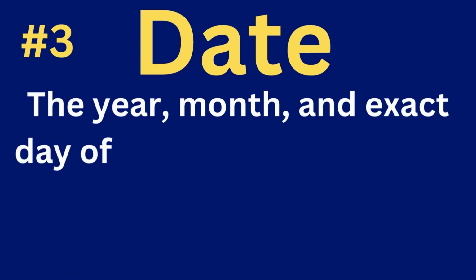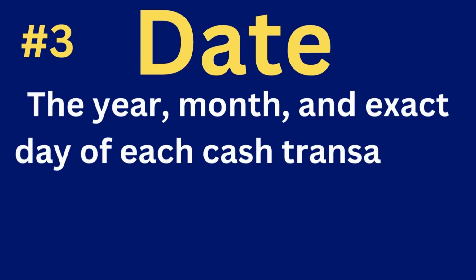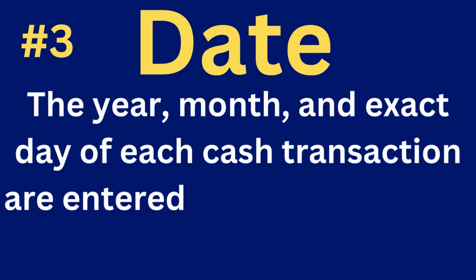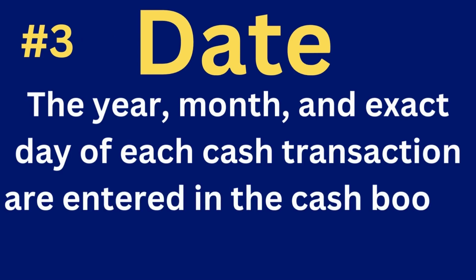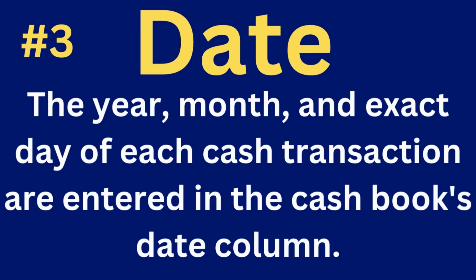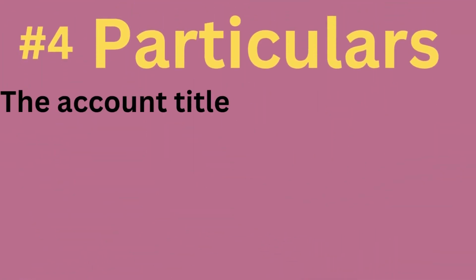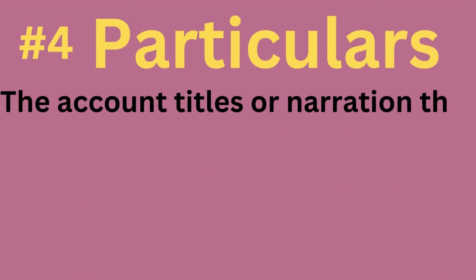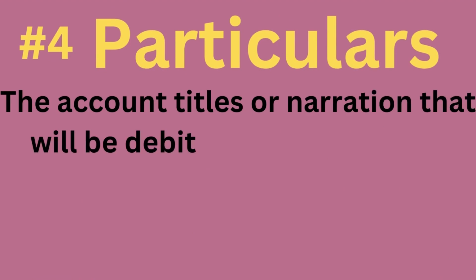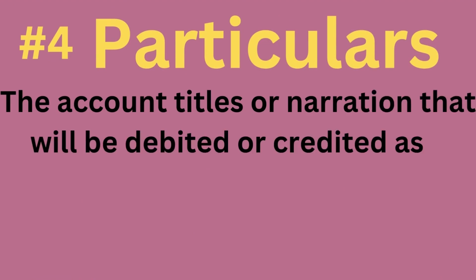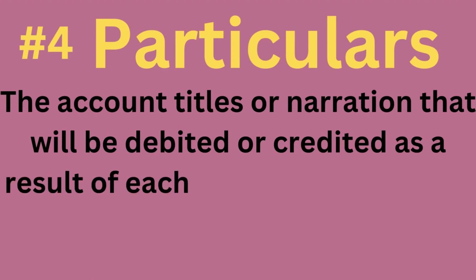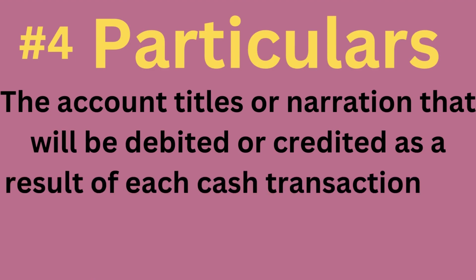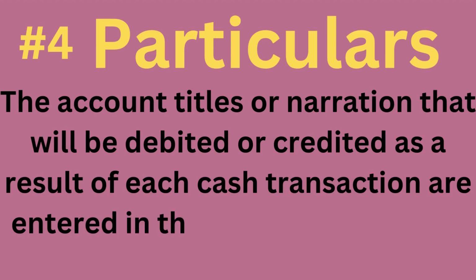Date, that is the year, month, and exact day of each cash transaction, are entered in the cash book's date column. Number 4. Particulars. The account titles or narration that will be debited or credited as a result of each cash transaction are entered in the particulars column of the cash book.